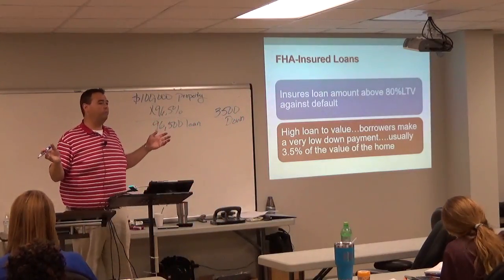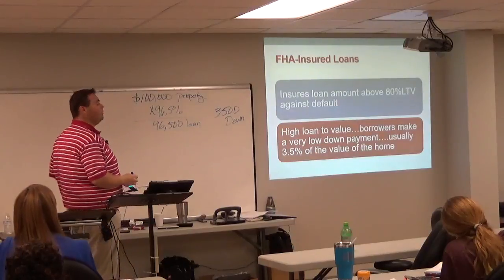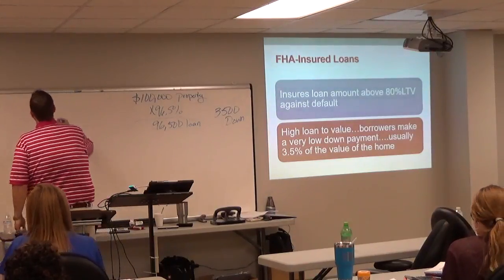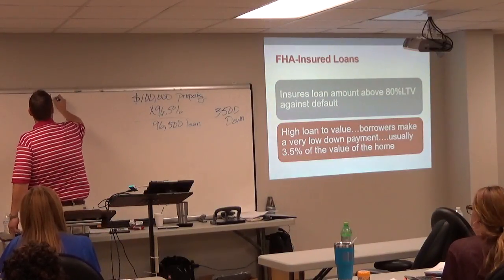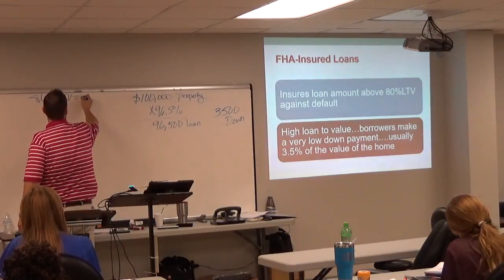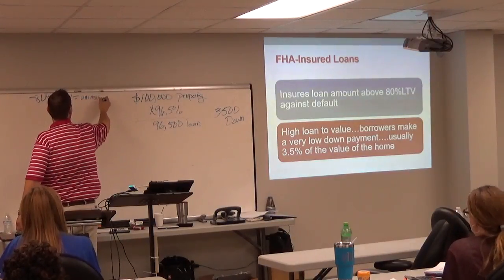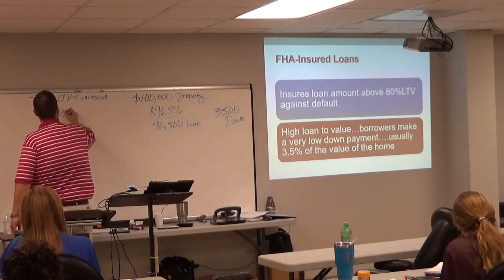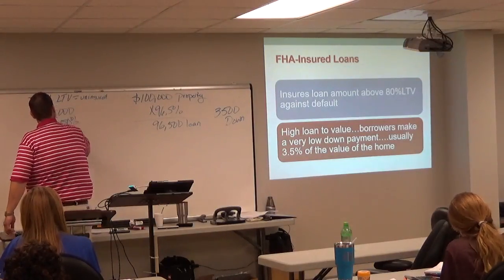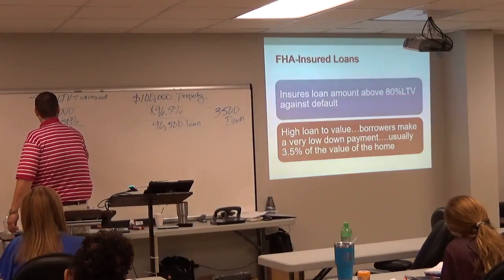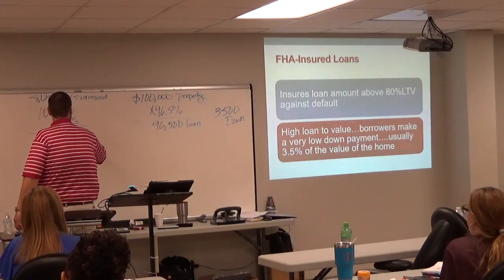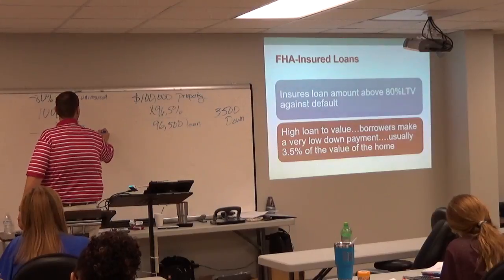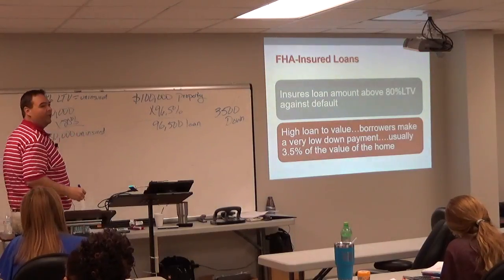Everybody okay so far? Now, here's how the loan's going to break down. The 80% loan-to-value piece is uninsured. So, $100,000 value of the property times 80%, that's $80,000 that's uninsured. Everybody follow me on that?